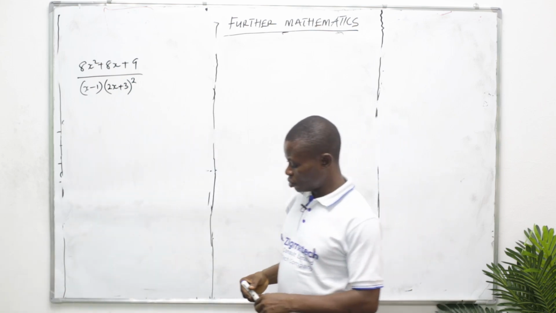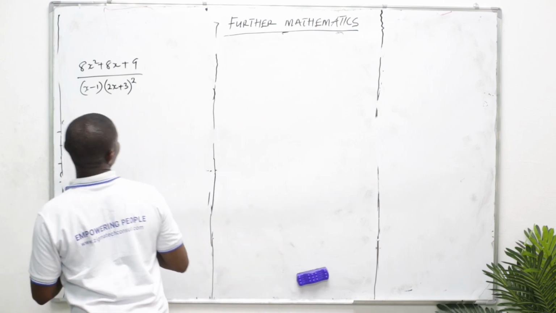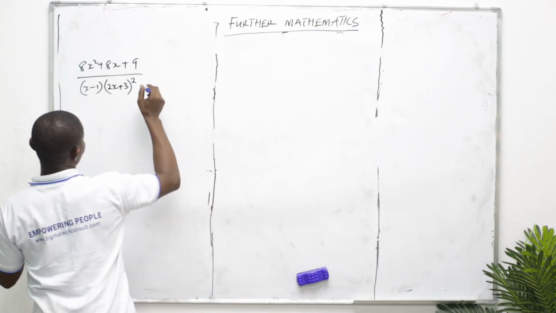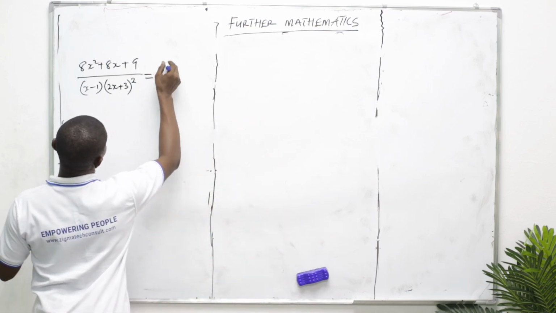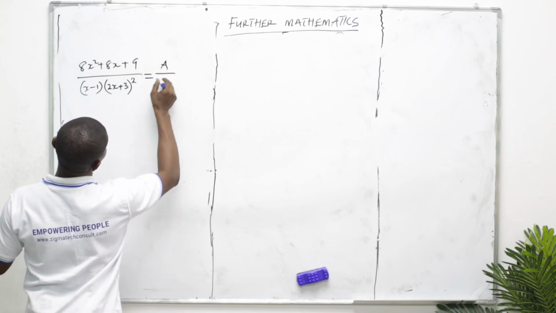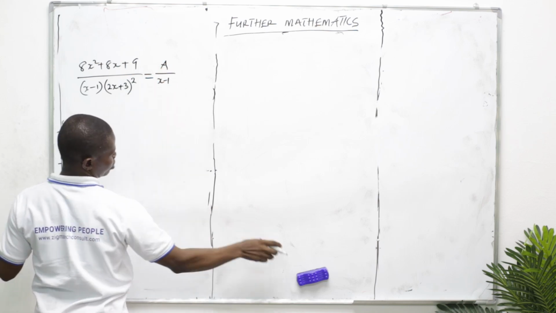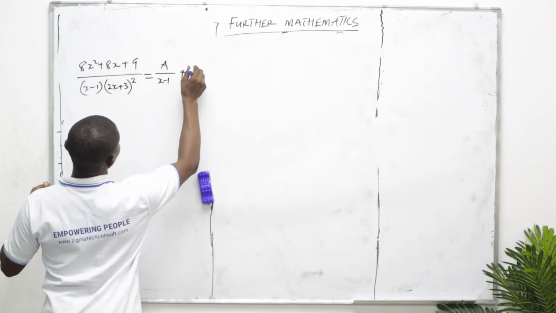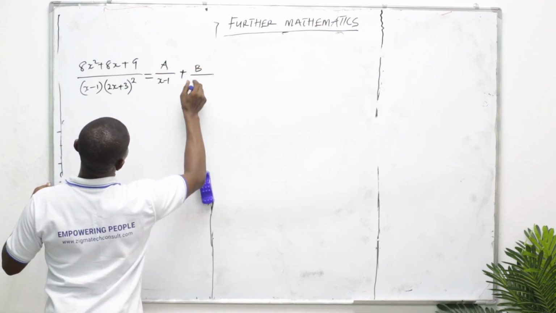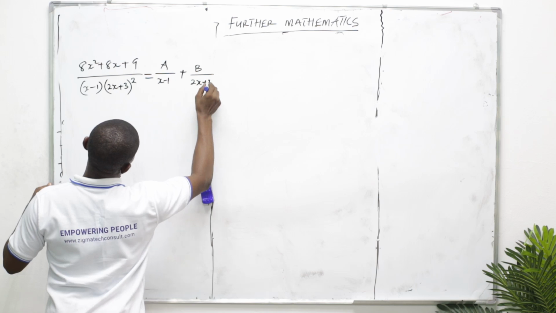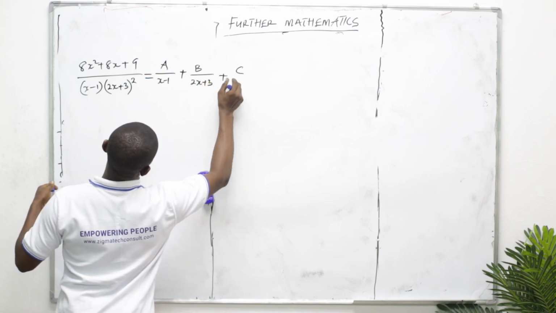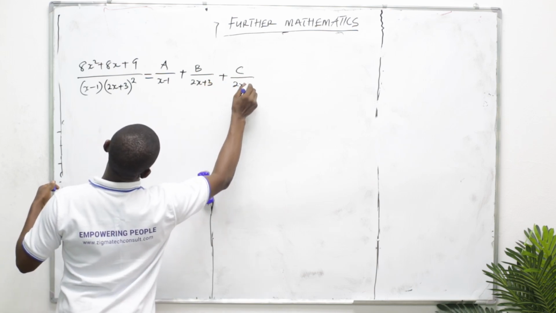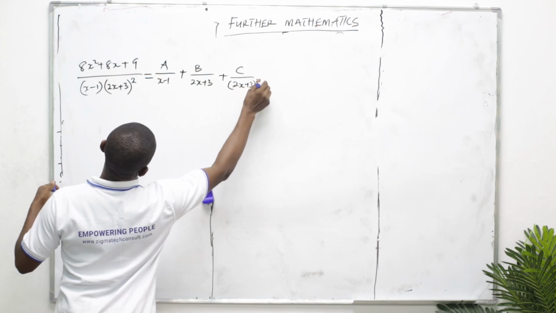Okay, so this implies A over x minus 1 plus B all over 2x plus 3 plus C all over 2x plus 3 all squared.